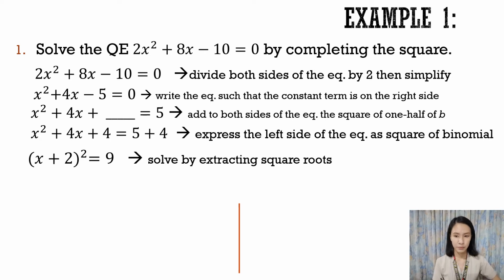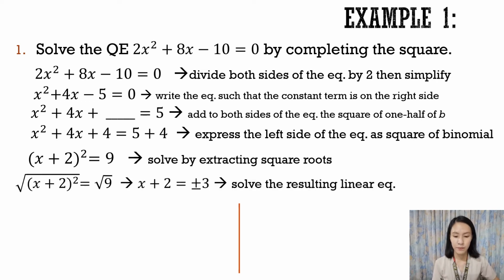After making our perfect square trinomial a square of binomial, we can now solve the equation by extracting square roots. So extract the square root of both sides of the equation.